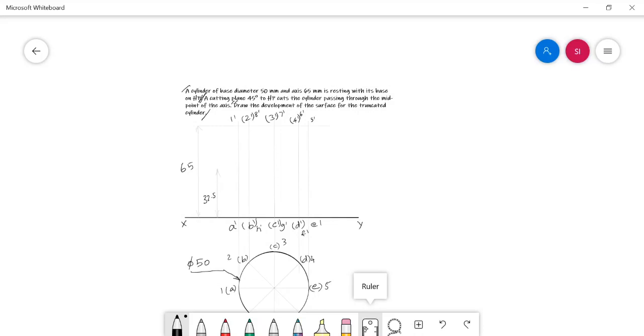It's very hard to mark the distance 32.5 mm with your available tools.